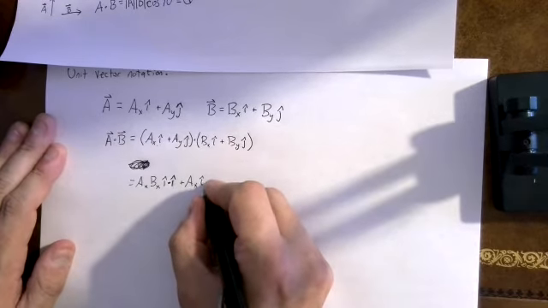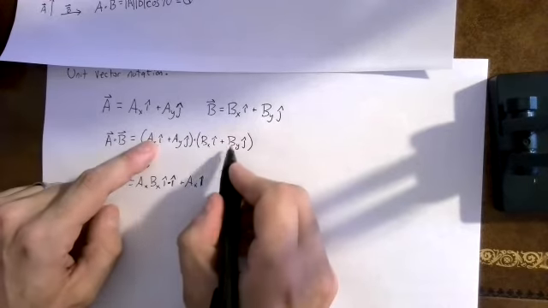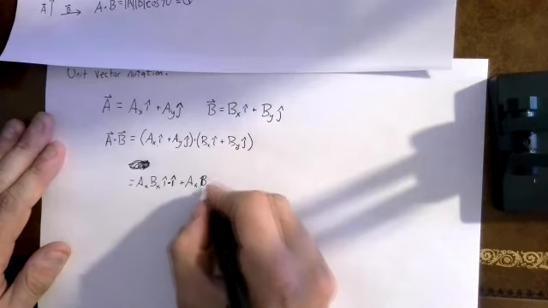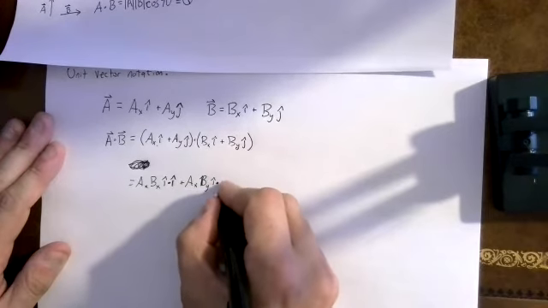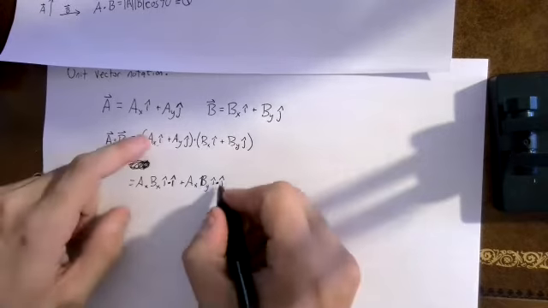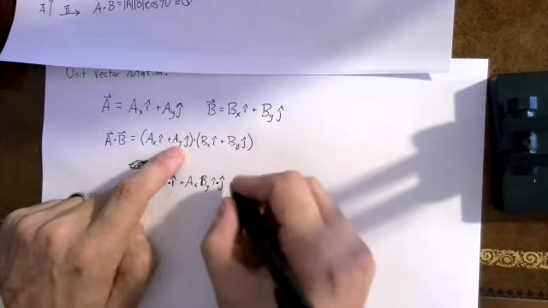So that's Ax times By times i hat dot j hat, since they're vectors, I dot the i hat and the j hat together. Then I have this term, the Ay j hat and the Bx i hat.